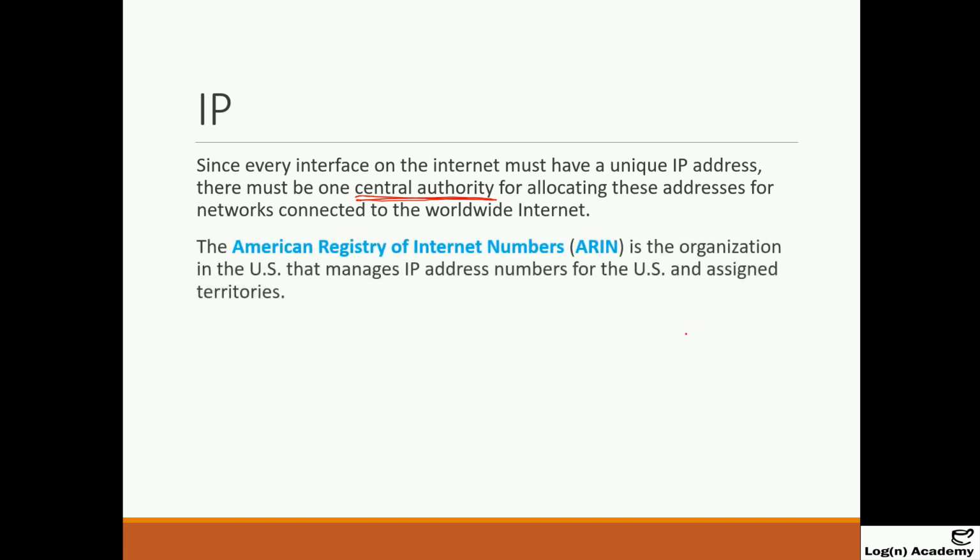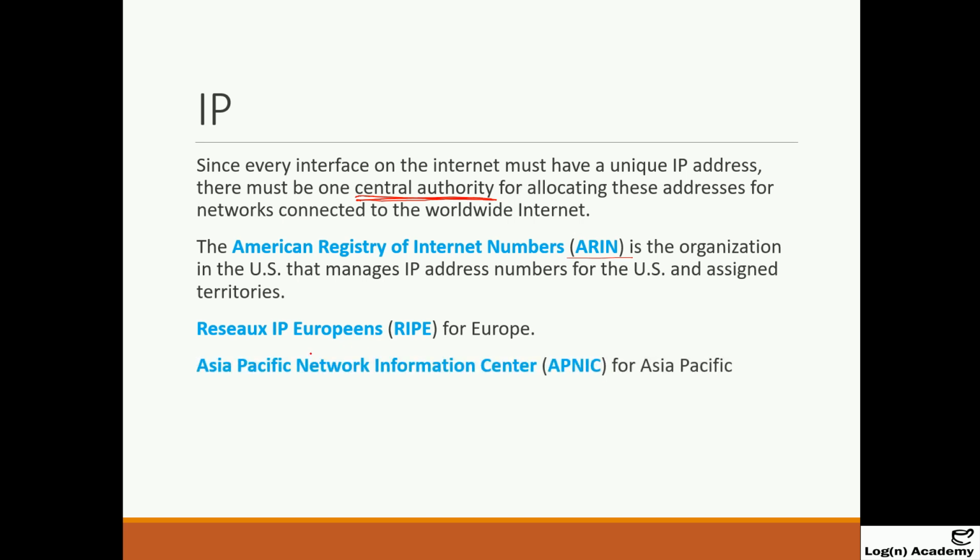The American Registry for Internet Numbers, ARIN, is an organization in the US that manages IP address numbers for the US and associated territories. RIPE is responsible for allocating IP addresses for the Europe region, and the Asia Pacific Network Information Center, APNIC, is for the Asia Pacific region.